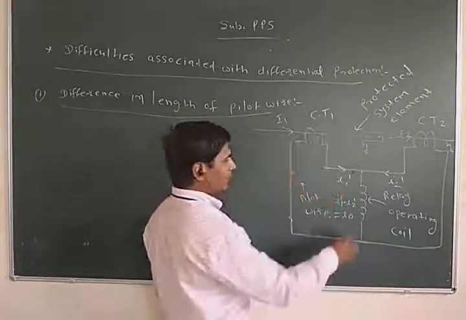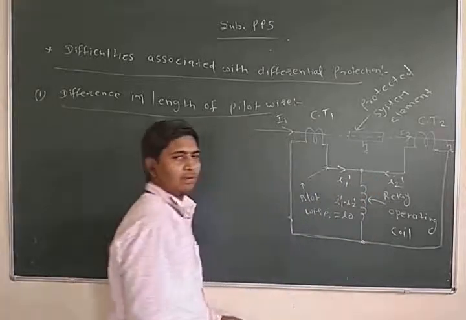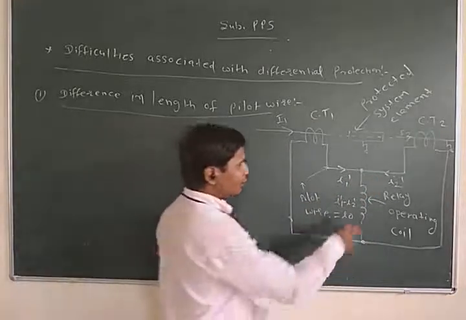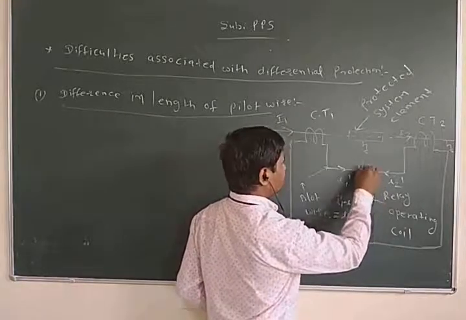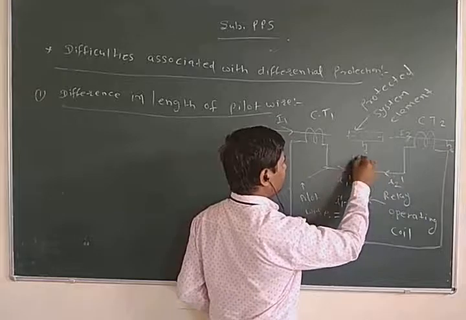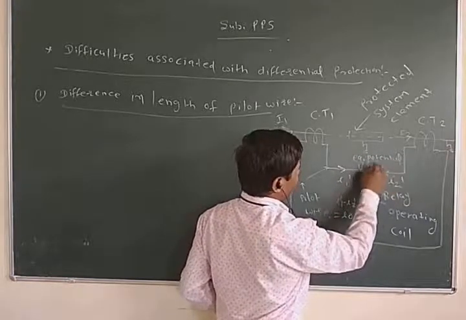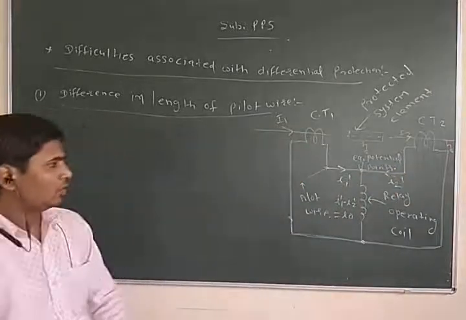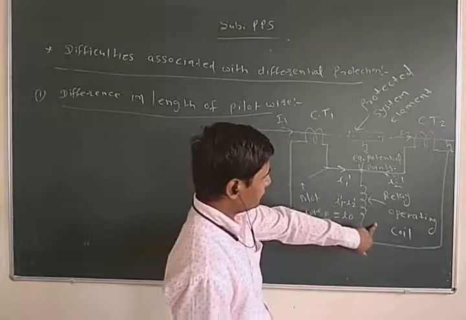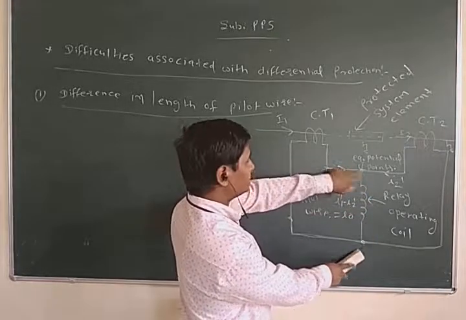And our relay operating coil is connected at the middle point of the wire, at equipotential points. So these are the equipotential points, and the relay coil is connected between the equipotential points.